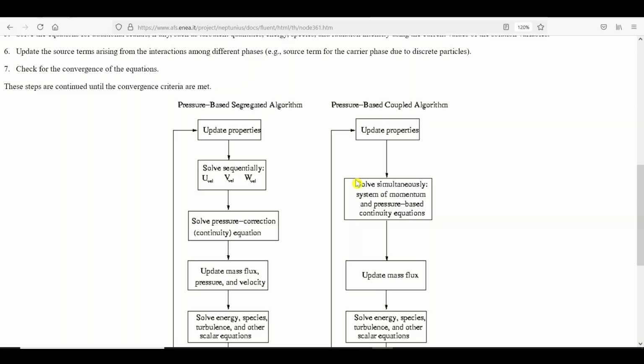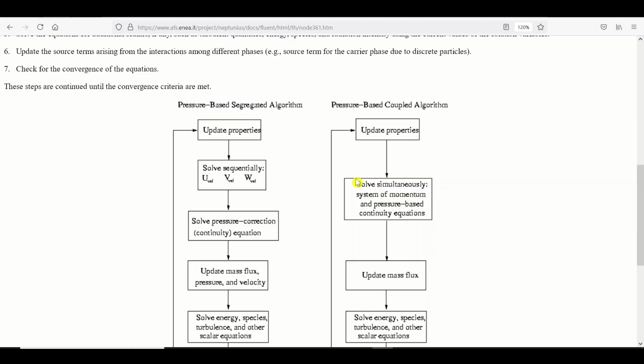On a quick revision, I mentioned to you that the Fluent solver has two numerical methods. The first one is called the pressure-based numerical method, which is broadly used for cases with a slower speed regime. The pressure-based solver has two algorithms: the first is the segregated algorithm, and the next is the coupled algorithm.